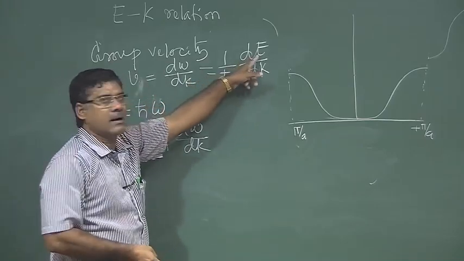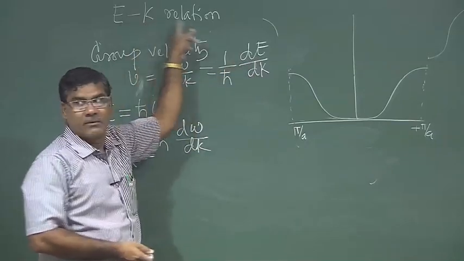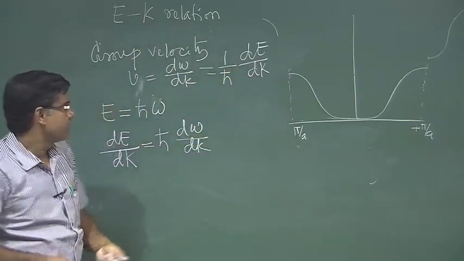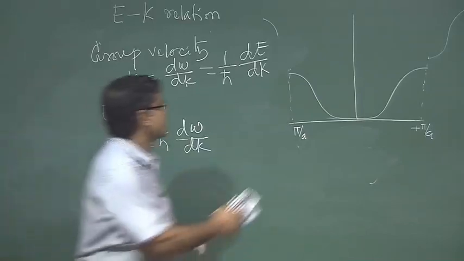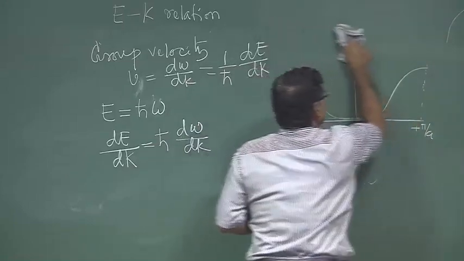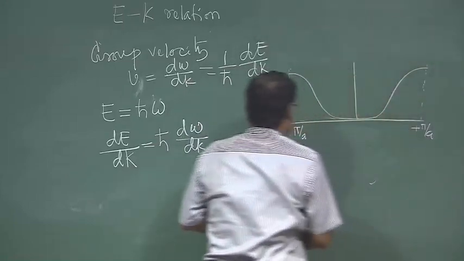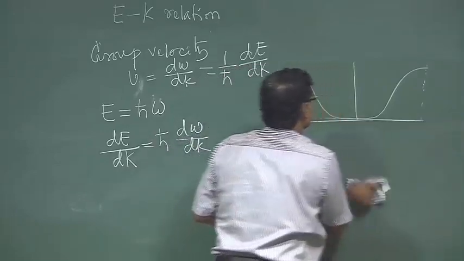So if you know the energy-k relation, then you can find out the velocity. Here, just consider the first Brillouin zone, which is known to us.